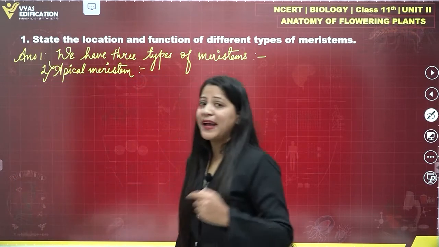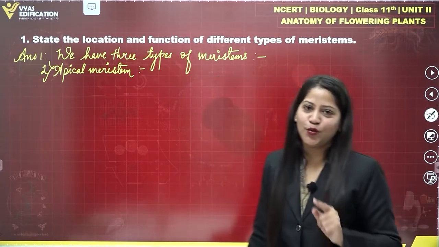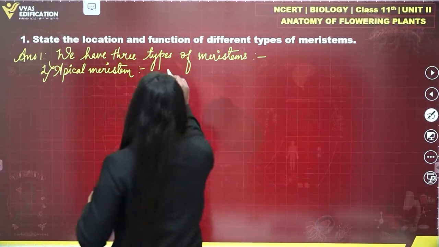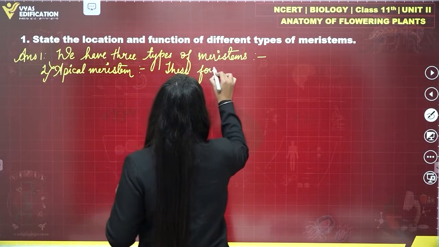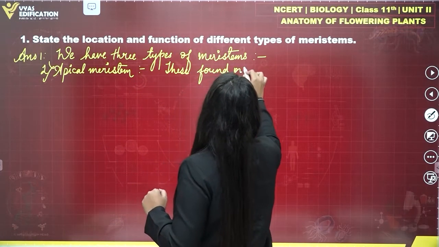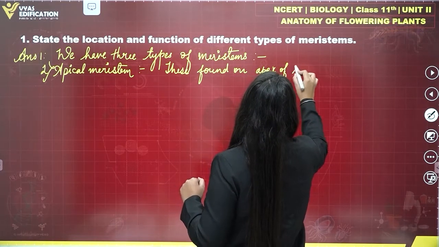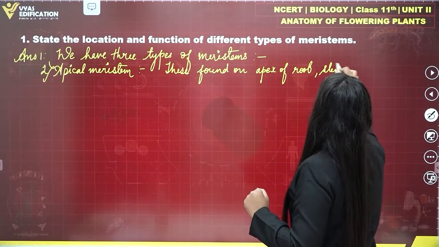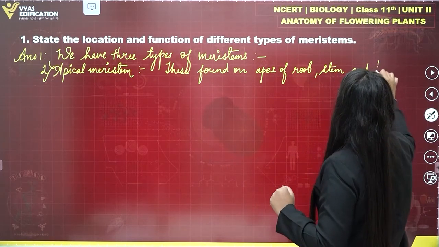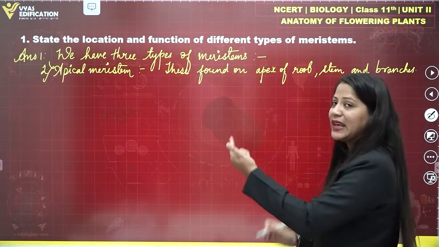Now, this apical meristem, we know that it is found on the apex of stem, root and their branches. So we'll write this. These are found on apex of root, stem and branches. So this is the location of apical meristem.